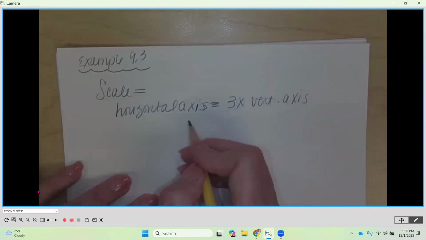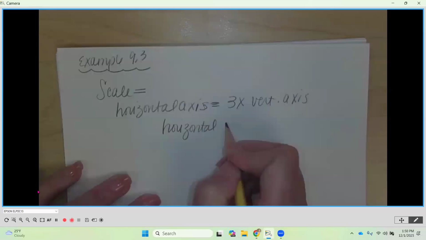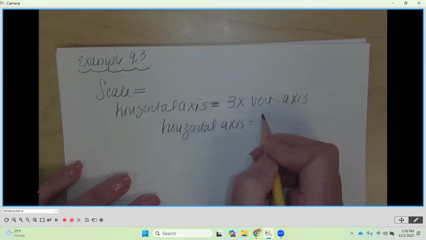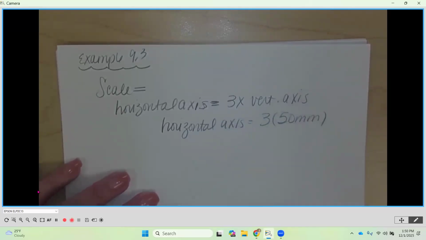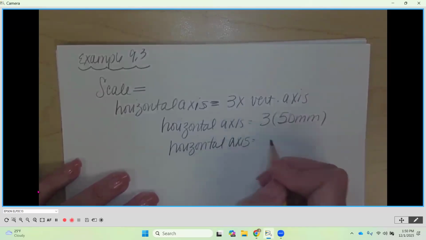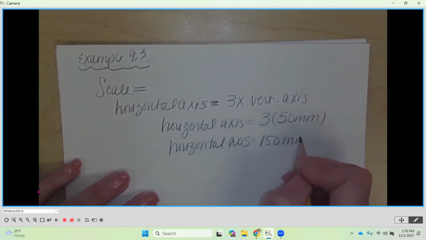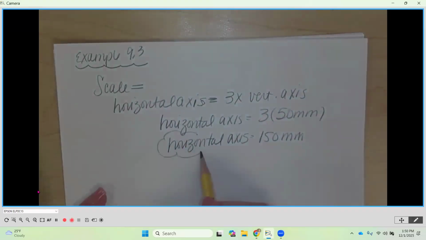Okay. So my horizontal is going to be equal to 3 times 50 millimeters, right? I don't have a variable. Horizontal axis is going to be equal to 150 millimeters long, right?